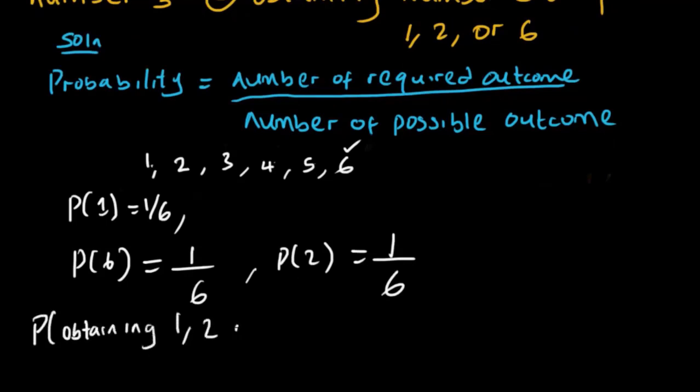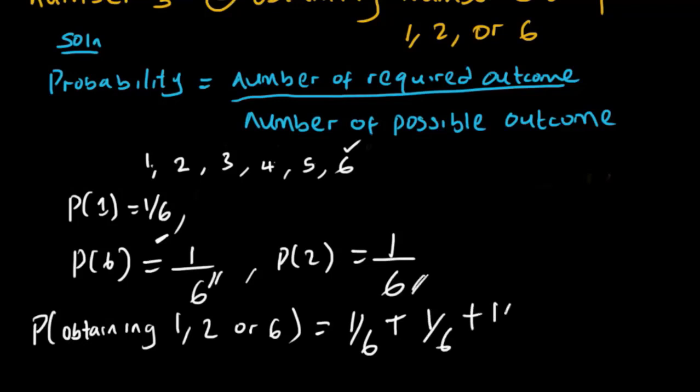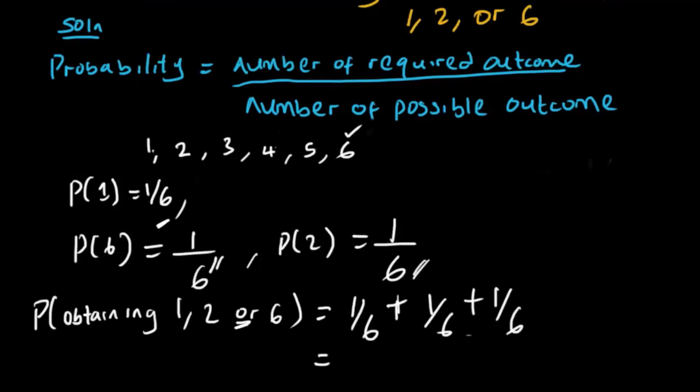So it means the probability of obtaining 1, 2, or 6 will be equal to, what's the probability of obtaining 1? 1 over 6 plus, what's the probability of obtaining 2? 1 over 6. What's the probability of obtaining 6? 1 over 6. Remember, the reason we add is because of the OR. So let's find the LCM.